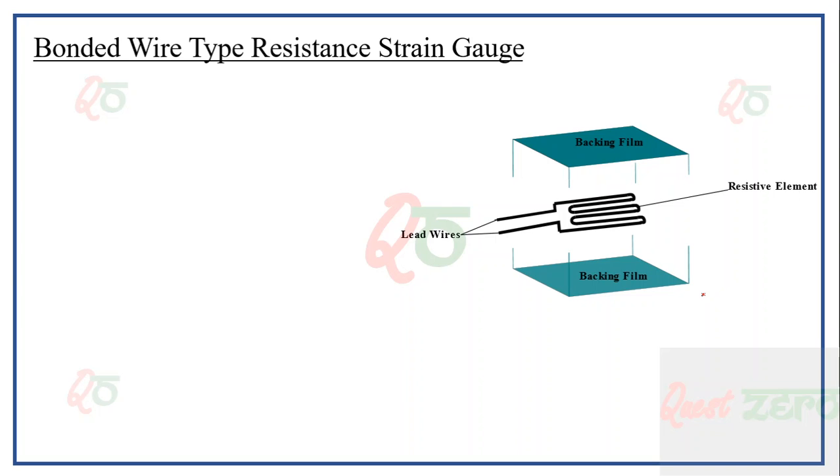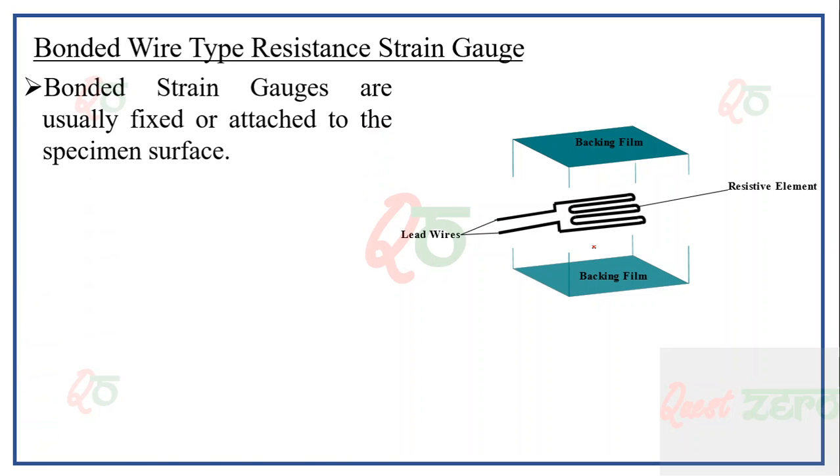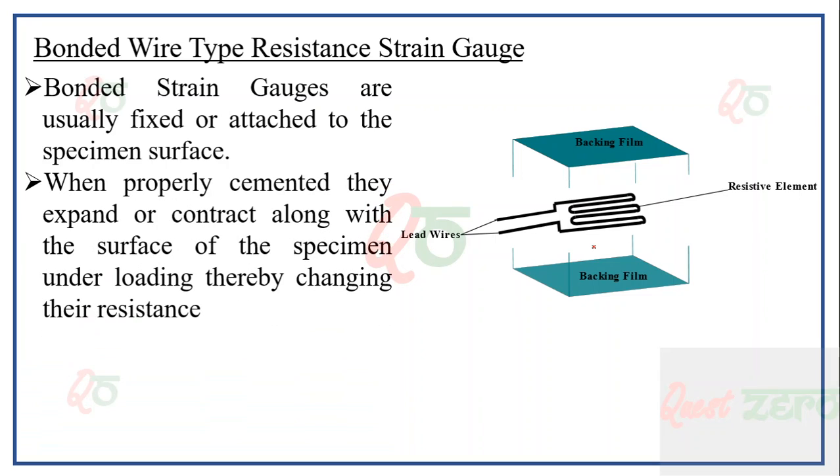So it will have the resistive elements in the form of a grid, and there will be two lead wires which can be taken for connecting to any electrical circuits outside the strain gauge. So it will be covered by a backing film. Backing film can be anything. It could be cement, it could be an epoxy.